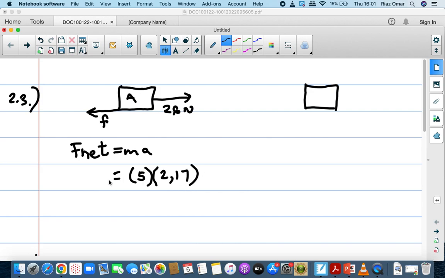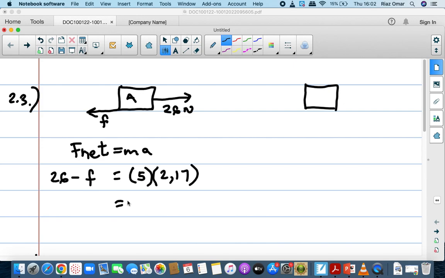So the acceleration is 2.17, and your net force will be the force that's applied, so it will be 26 minus the force of friction. If we have to work it out, it will be 5 times 2.17.